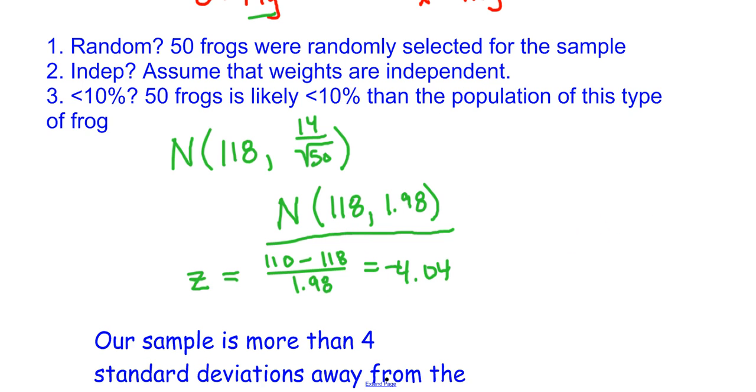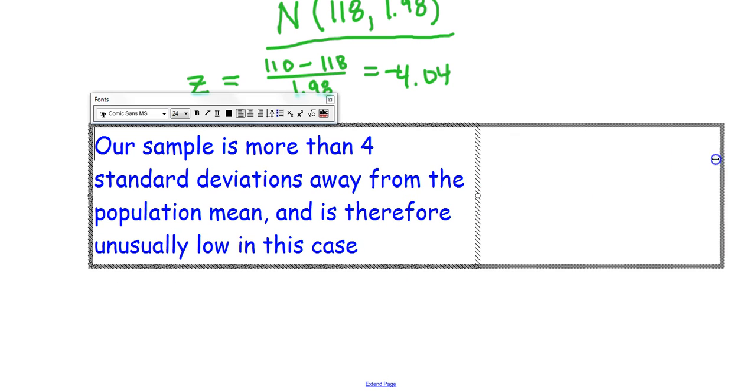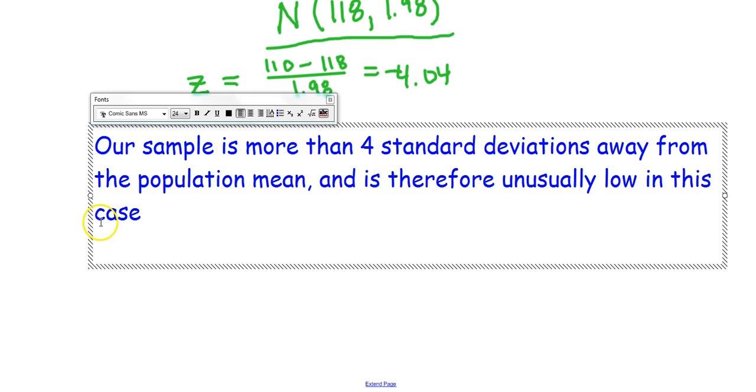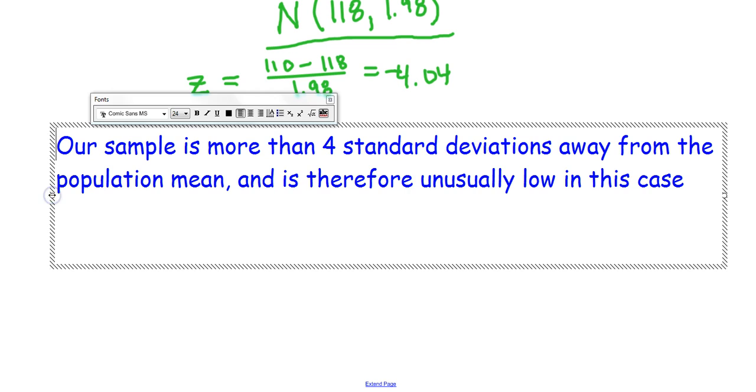Let me extend the page so you can see the full answer here, but that's what we're looking at. Our sample mean is more than 4 standard deviations away from the population mean of this particular distribution, and is therefore unusually low in this case.